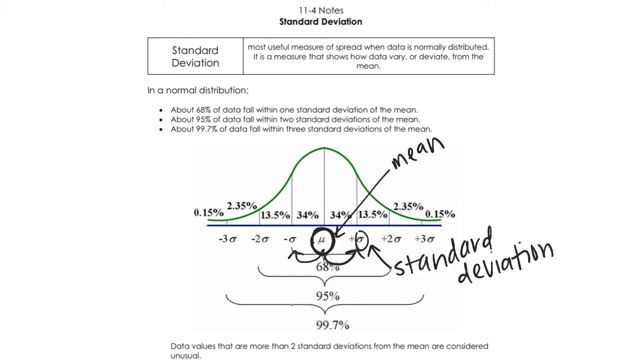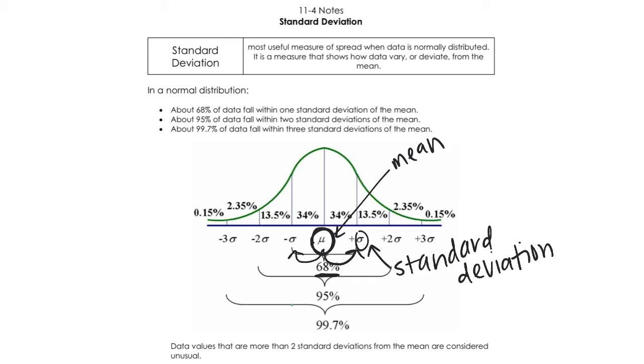So from that number of your mean, you're going to add to the right, and you're going to subtract that number to the left. And within that first one to the right and one to the left, that's where 68% of your data is at. So that's a very big chunk of your data.